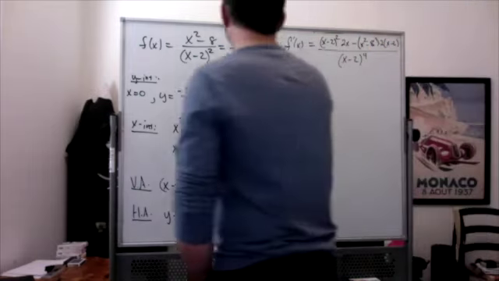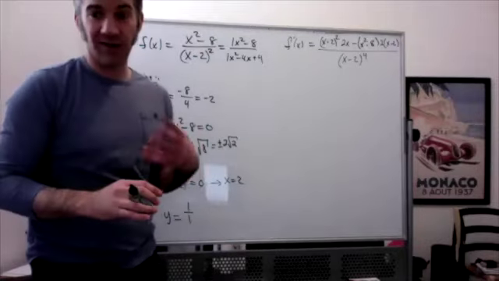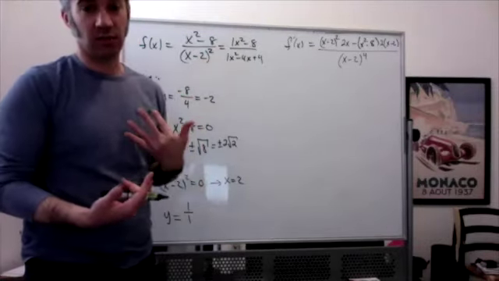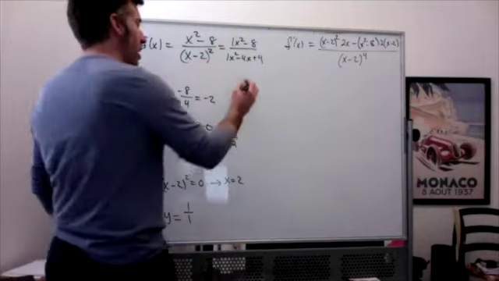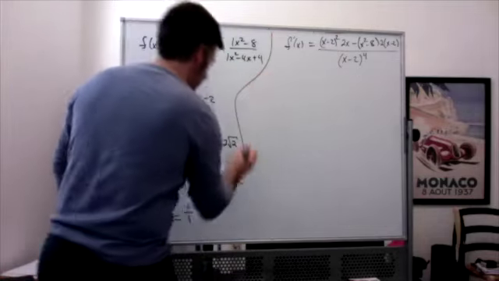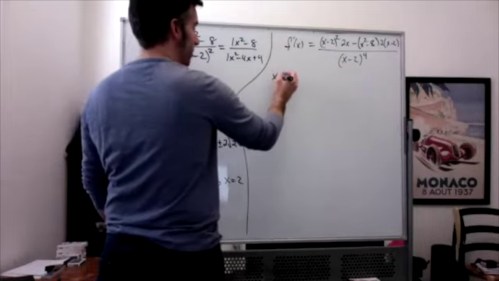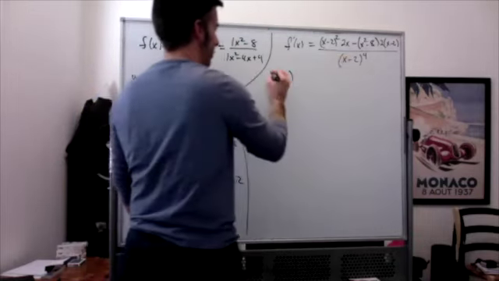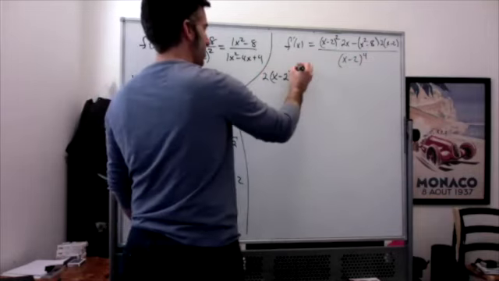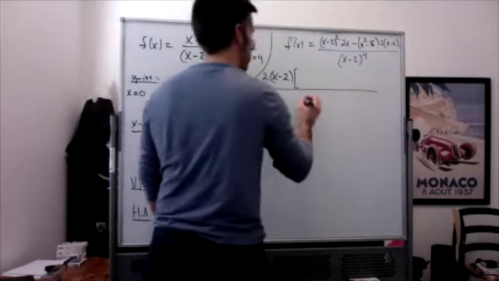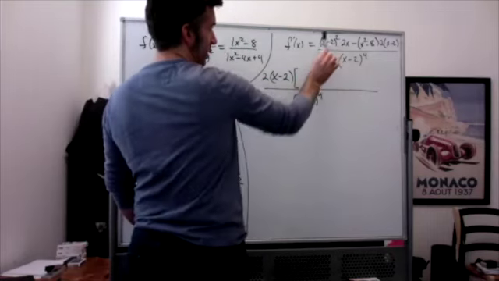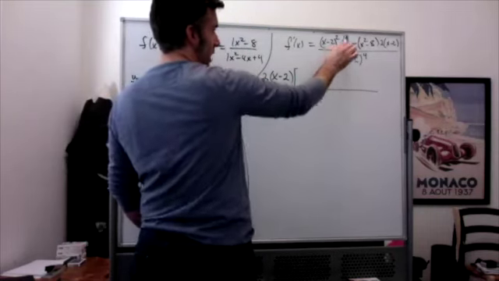If you're trying to find the critical values, you have to simplify your derivative as much as possible. You have to factor as much as you can. I'm going to factor out an (x minus 2) on top. I might as well also factor out a 2 since I've got a 2. So let's factor out a 2 times (x minus 2). After I factor out a 2 and an (x minus 2), I'm left with still an (x minus 2) times an x.